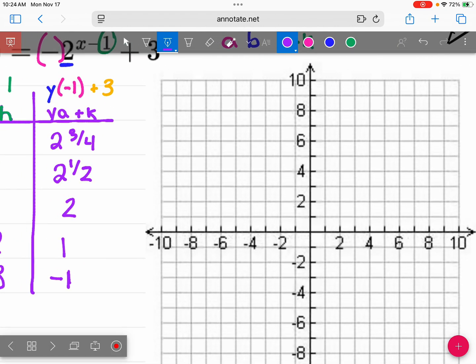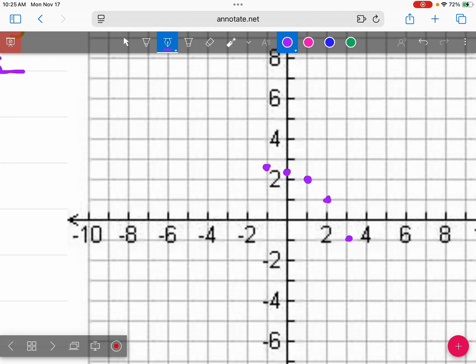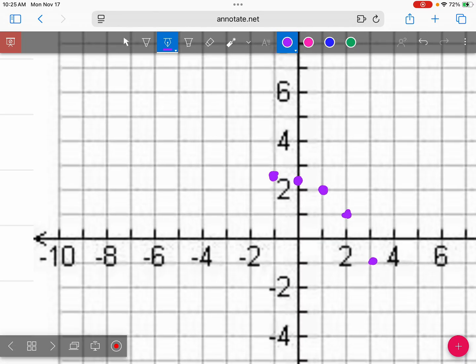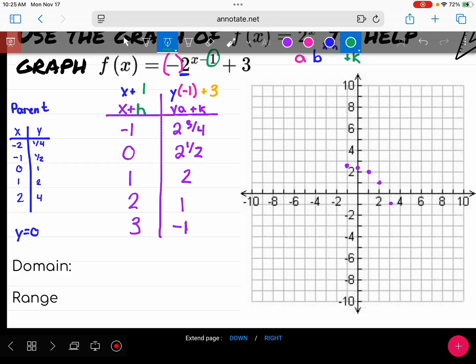And if we plot up these points, negative 1, 2 3/4, 0, 2.5, 1, 2, 2, 1, and 3, negative 1. We get our points that look like this. We would also need to find our asymptote. Our asymptote, we can actually do the transformation in the same way.